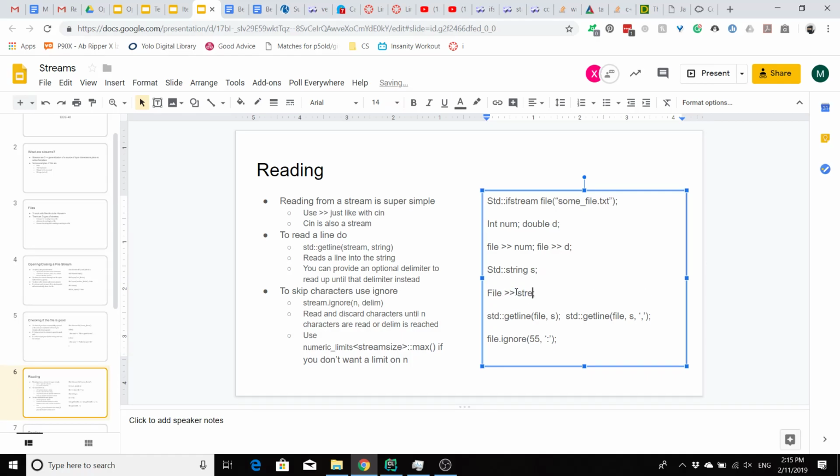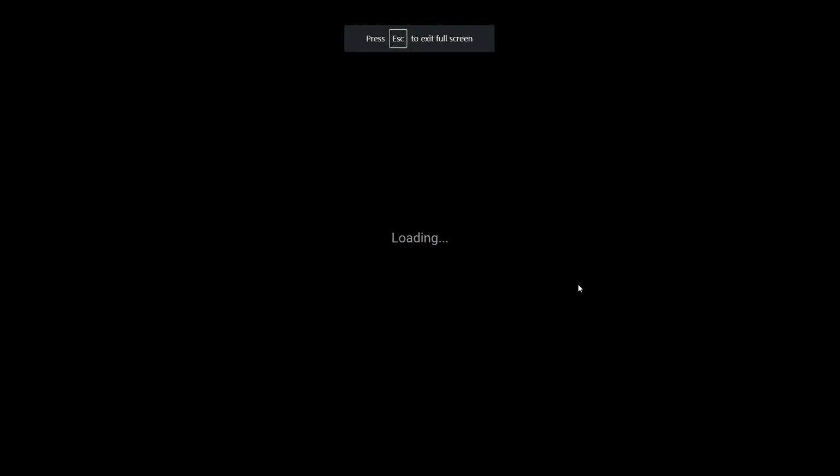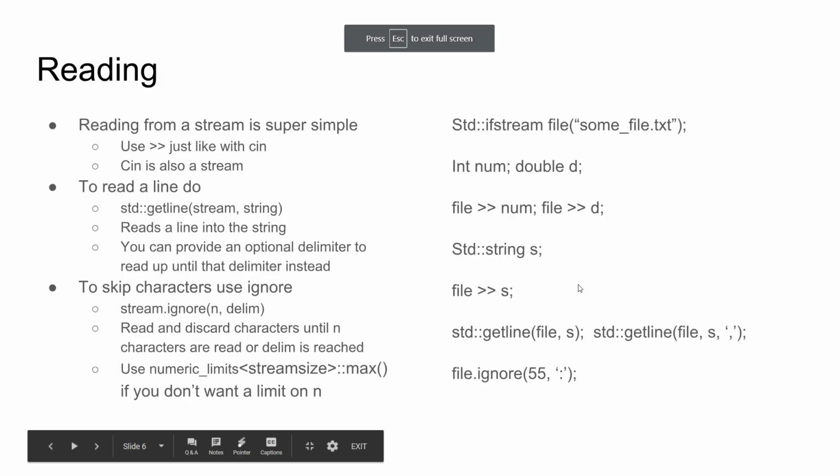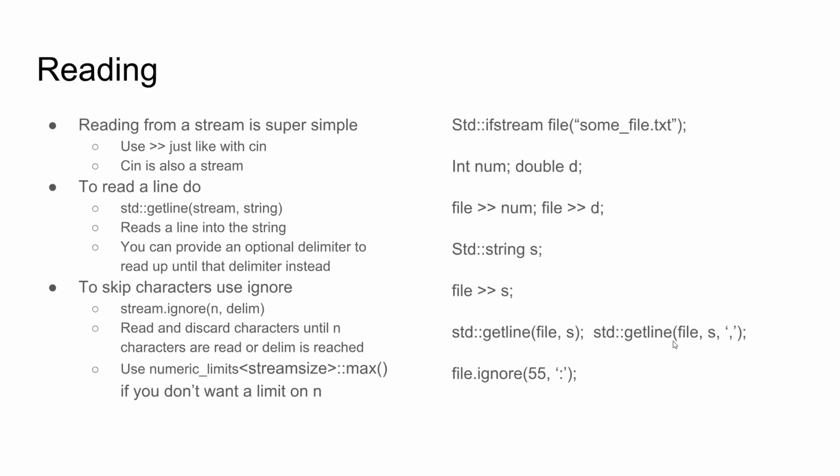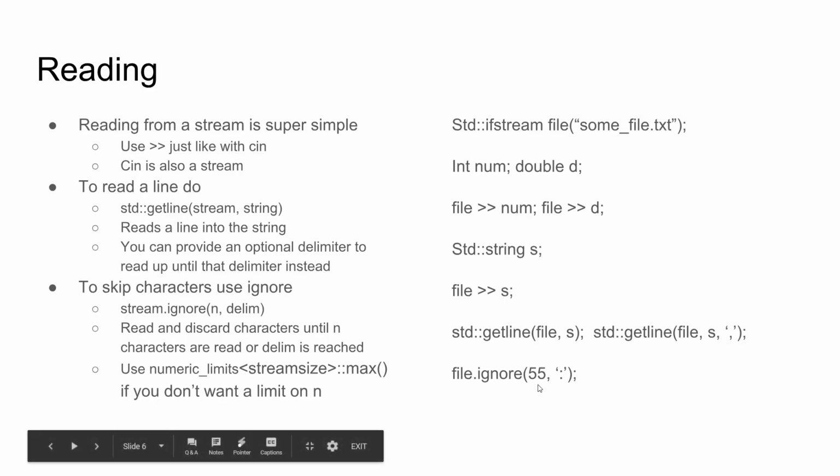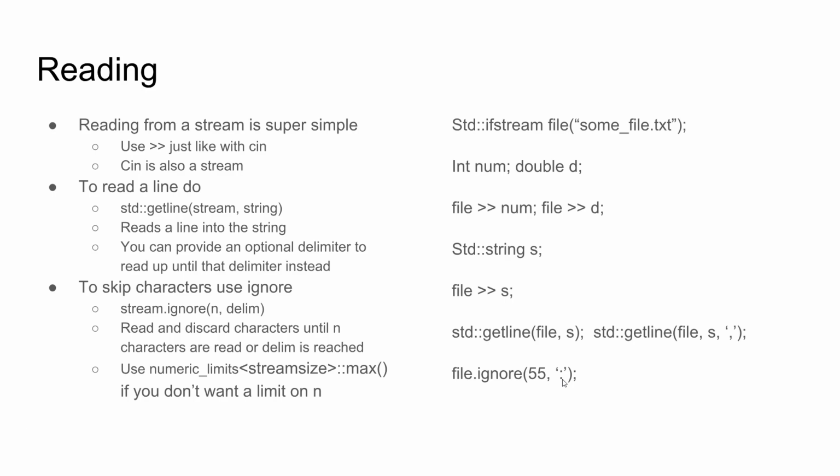File goes into s. That would get you the first string, which would be a sequence of non-whitespace characters in the file. Or you could say getline from the file into s. That's where the results will be stored until you find a comma. Or you can ignore the first 55 characters up until you encounter the first colon.